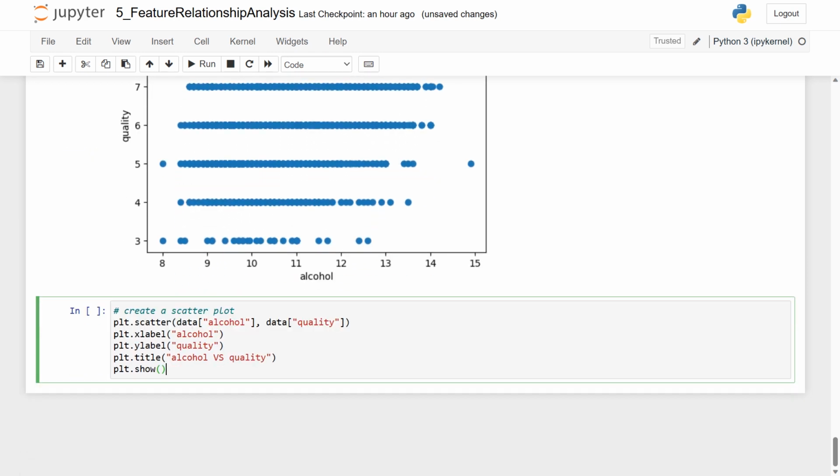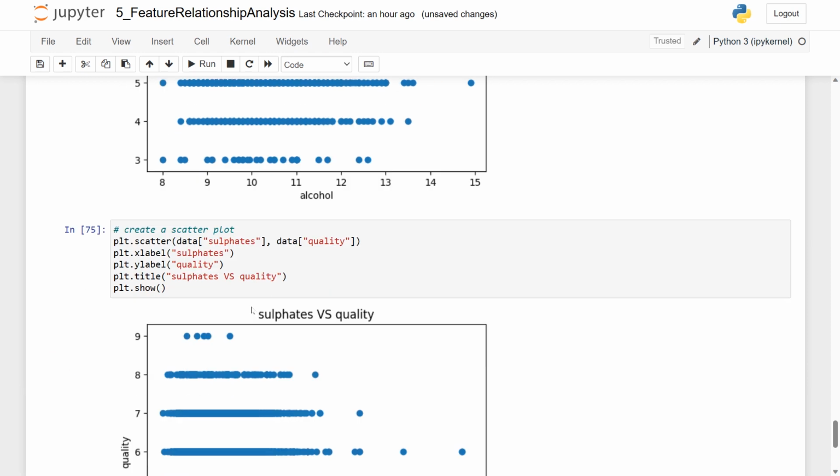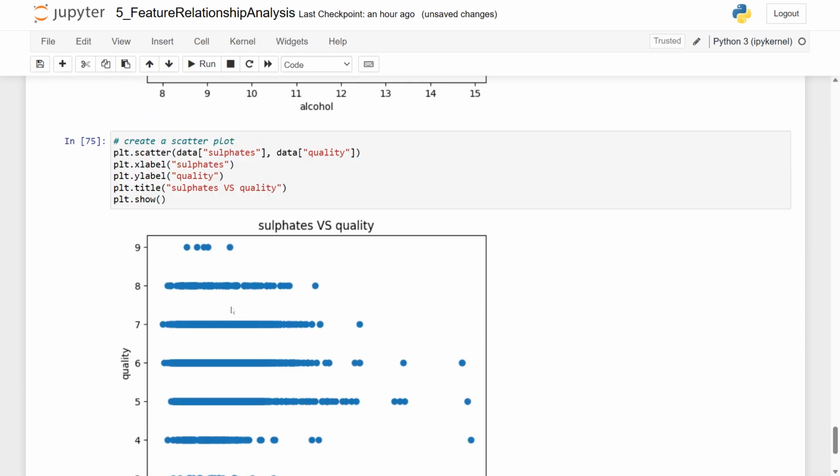Let's see what we are going to get here. Let's go for sulfates and quality. Oh, similar one by and large.